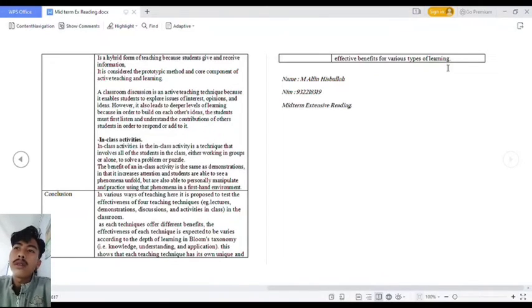The effectiveness of each technique is expected to vary according to the depth of learning in Bloom's taxonomy, for example, knowledge, understanding, and application. This shows that each teaching technique has its own unique and effective benefits for various types of learning.